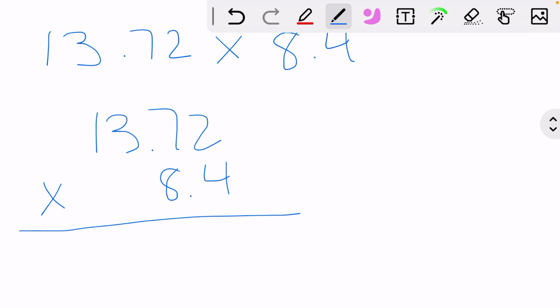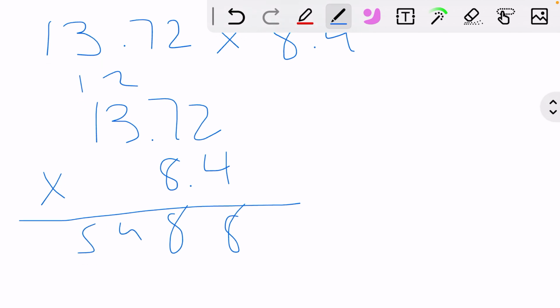So 4 times 2 is going to be 8. 7 times 4 is 28. Let's see. 7 times 4 is 28, plus 1 is 14.